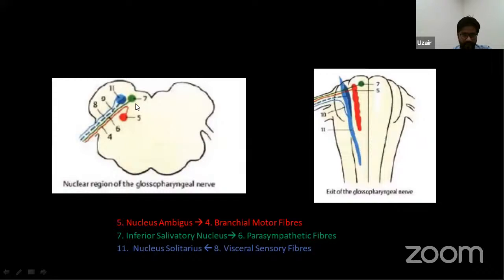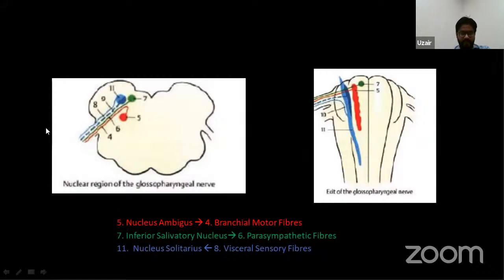Then we have the inferior salivatory nucleus denoted by the green color, responsible for the parasympathetic outflow to the head and neck. And then we have the nucleus solitarius that is responsible to receive visceral sensory fibers that contain the taste sensation from the posterior one third of the tongue.